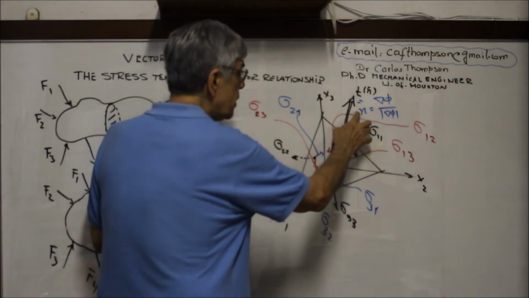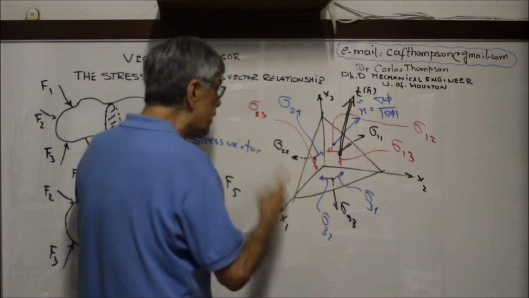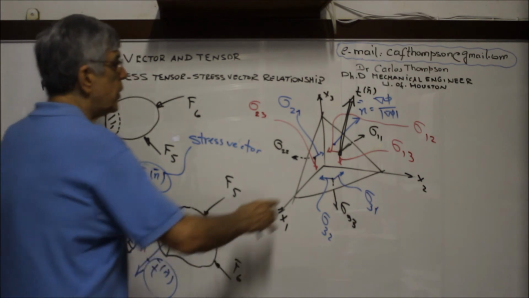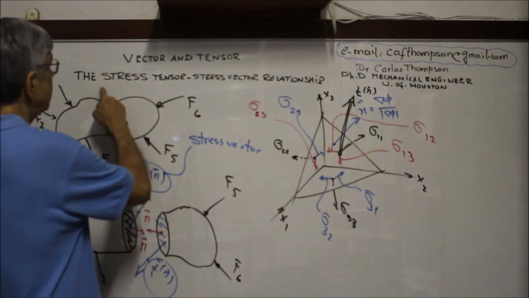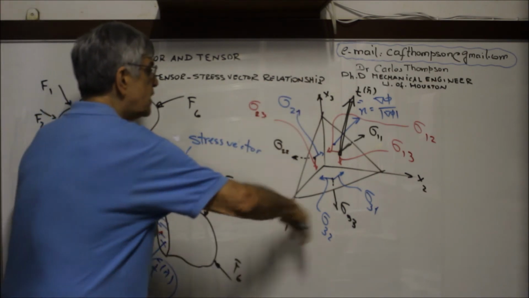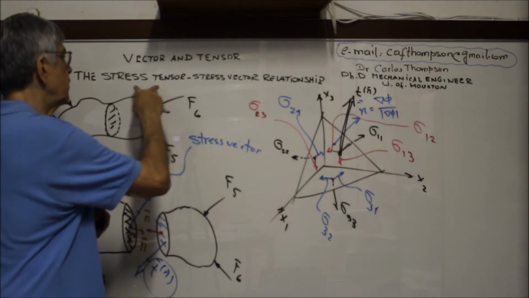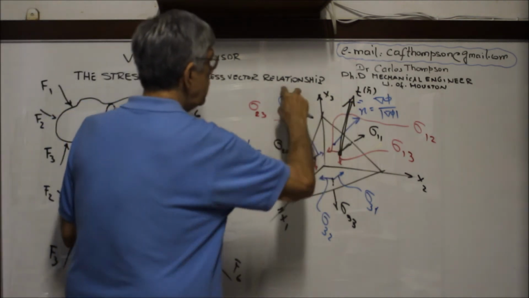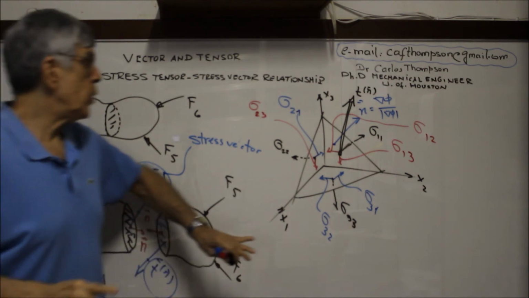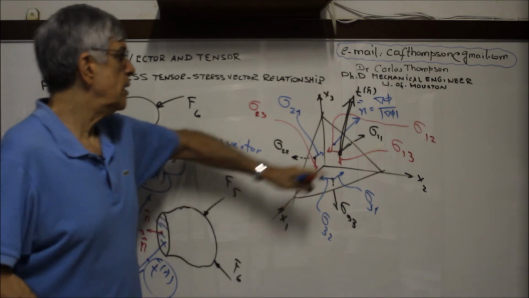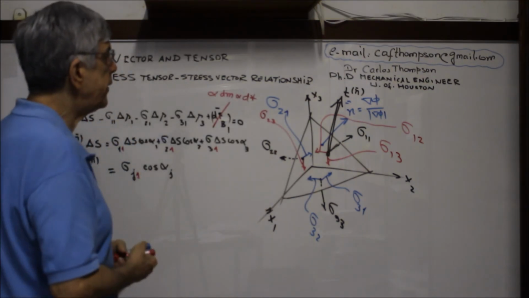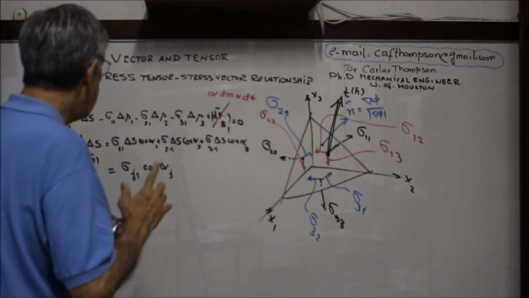So this here must be in equilibrium with the sigma over here. That's why we're going to have the stress tensor and stress vector relationship. The sigmas are called the stress tensor, and T is the stress vector. Using Newton's second law, we want to relate the stress vector with the stress tensor. Let's apply Newton's second law. It's force.